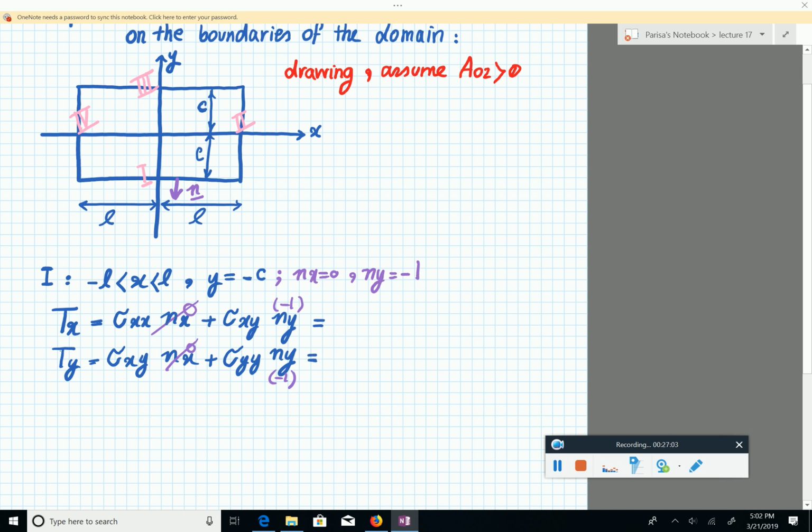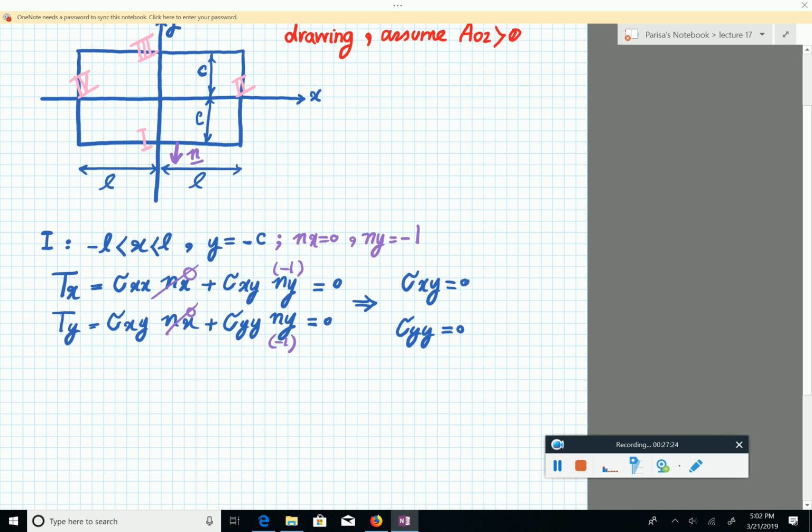So this is equal to 0, which tells you that sigma xy is equal to 0 and sigma yy is equal to 0. In other words, if you want to give a name to the boundary condition of this boundary, how do you describe it? Exactly.